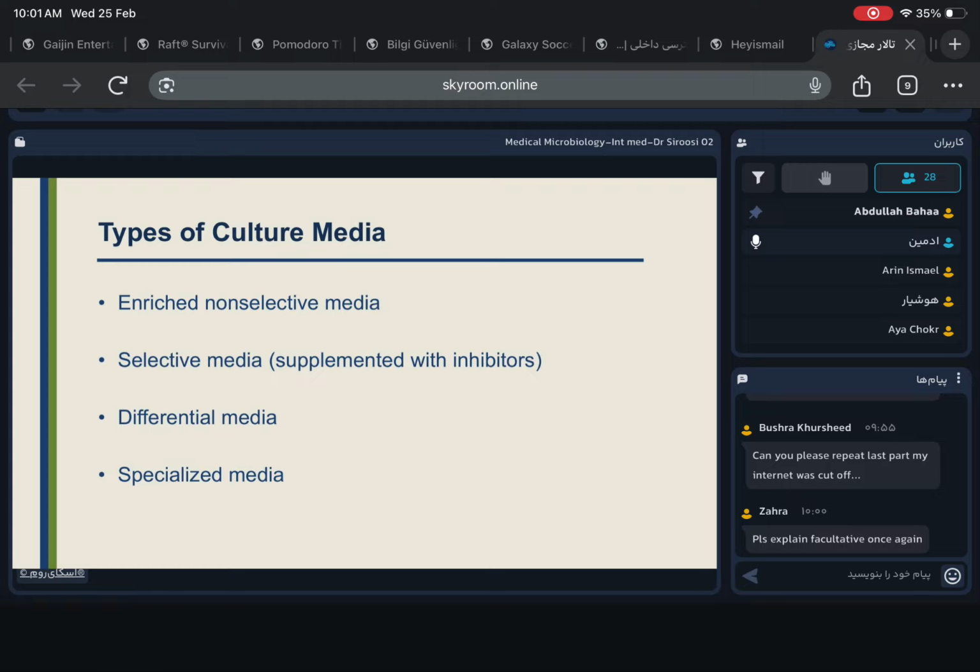We have enriched non-selective media, selective media, differential media, and also specialized media. Specialized media are used in order to grow a specific or special type of bacteria. So when you study bacteria in your future sessions, you will be learning about some specialized media which are designed only to support the growth of a specific group of bacteria.